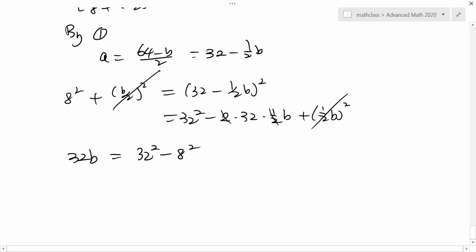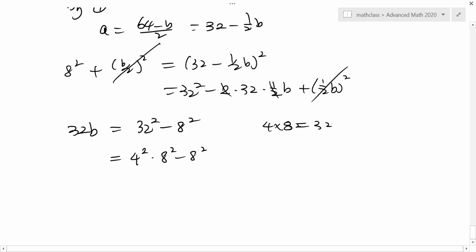All right. Now I don't want to multiply them out. 32 is 4 times 8, right? So that will be 4 squared A squared minus A squared, right? So you get 16 minus 1, that's 15 times A squared.